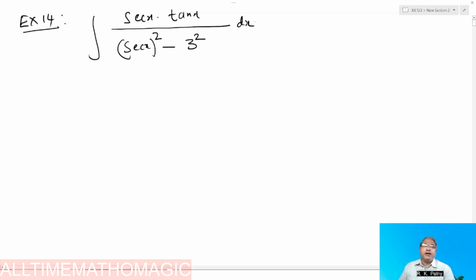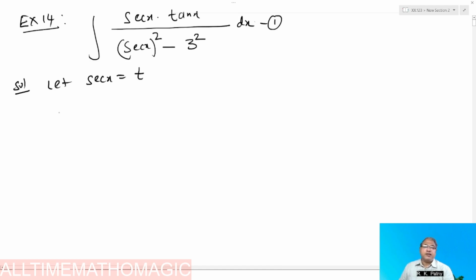Next example, integration of sec x into tan x upon sec x whole square minus 3 square with respect to x. Solution, call it equation 1. Now let sec x equal t. It is a clear cut problem, very simple.